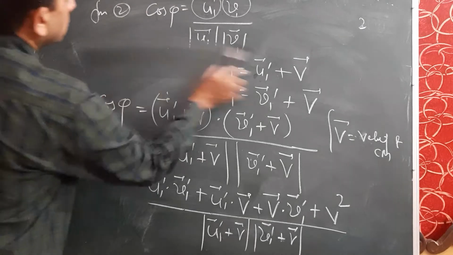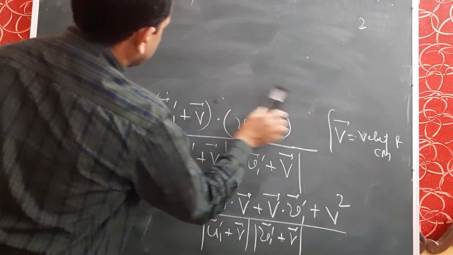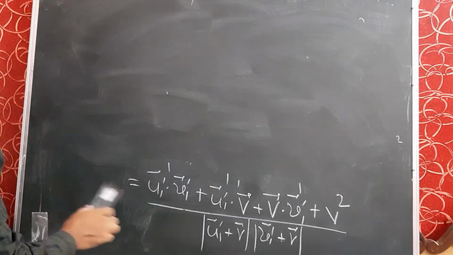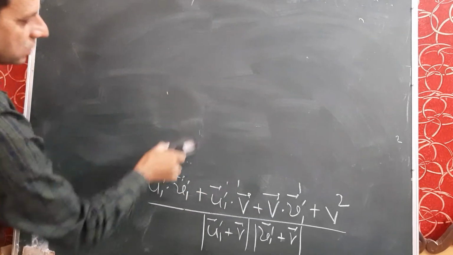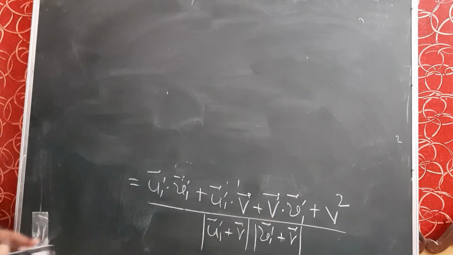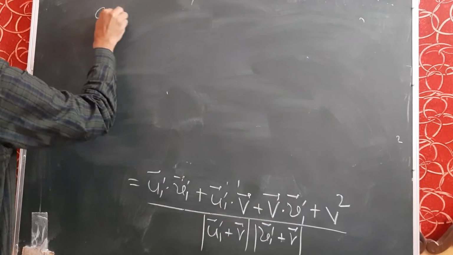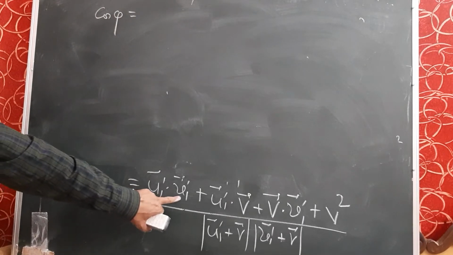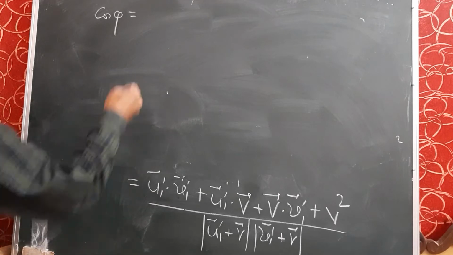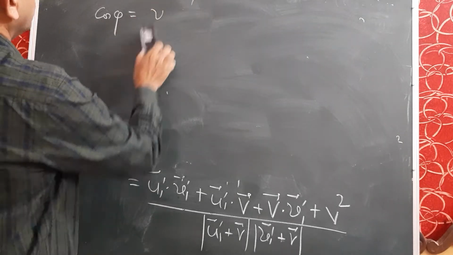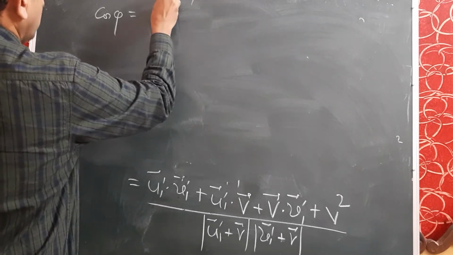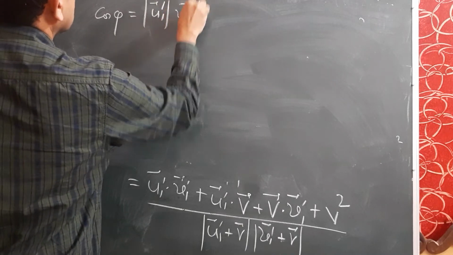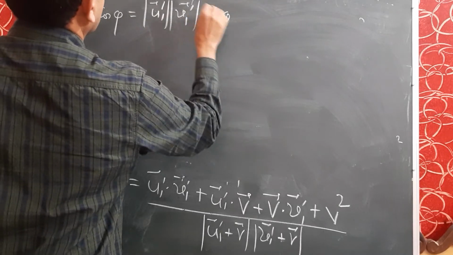Now convert, or put, the values of these u1, v1' in terms of theta on the right hand side. So therefore cos phi becomes, so what is u1 dot v1'? We know that it is u1' magnitude into v1' magnitude into cos theta.